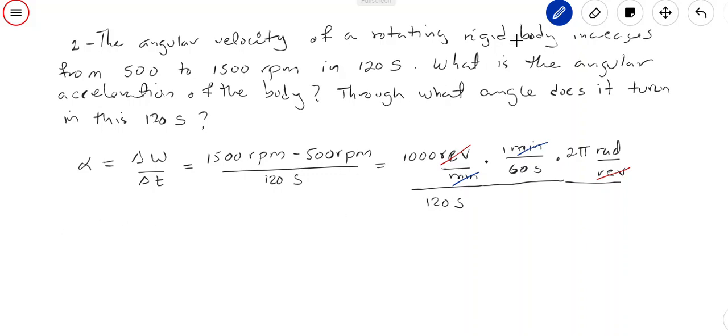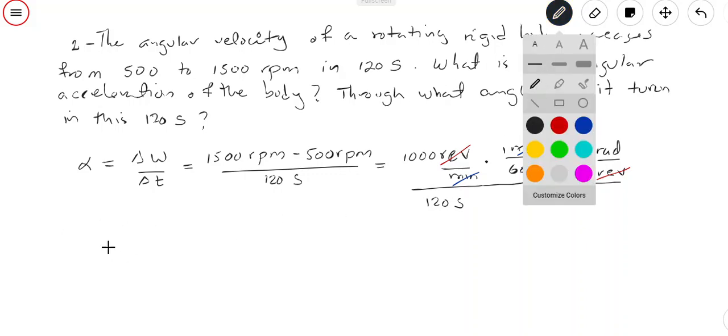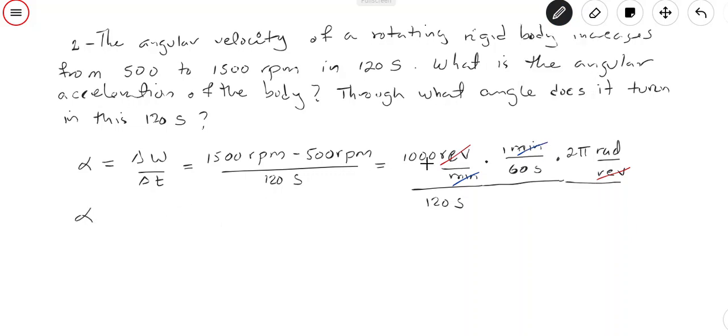So now we can multiply 1000 times 2 pi. That is going to give you 2000 pi. And of course, these 120 seconds, you flip it to multiply. So it will be the product of 60 seconds times 120 seconds.